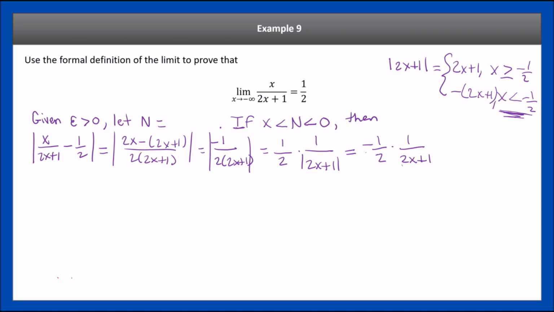Now we're going to use the inequality to help us. So we're going to do this off to the side.